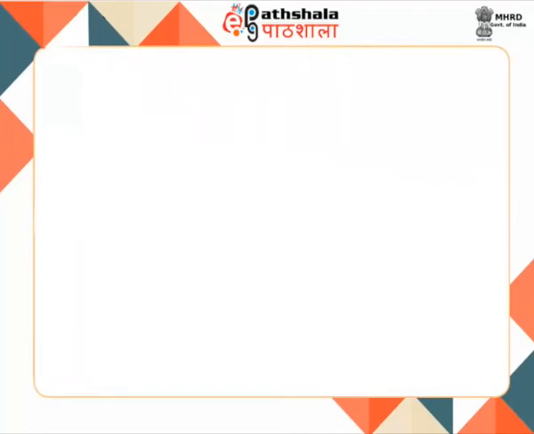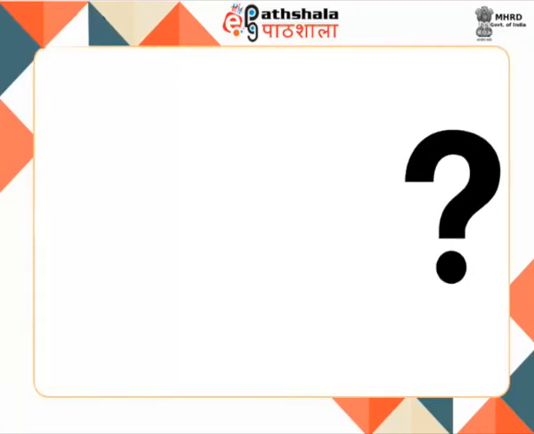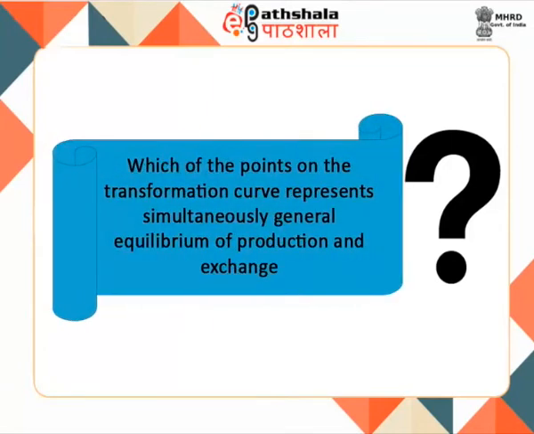The general equilibrium of production can occur at any of the points on the given transformation curve or the production possibility frontier. Now, the question which confronts us is, which of the points on the transformation curve represents simultaneously general equilibrium of production and exchange?